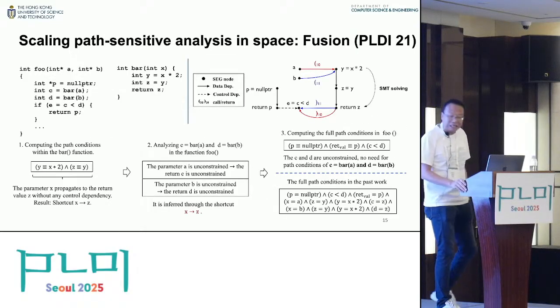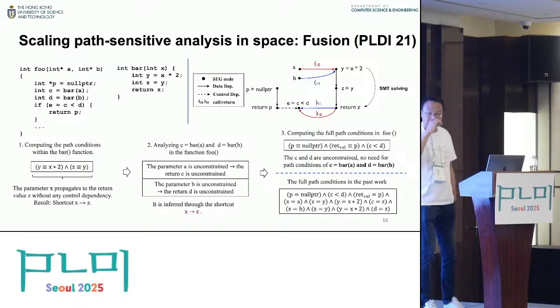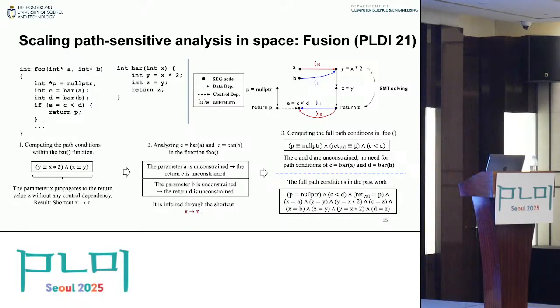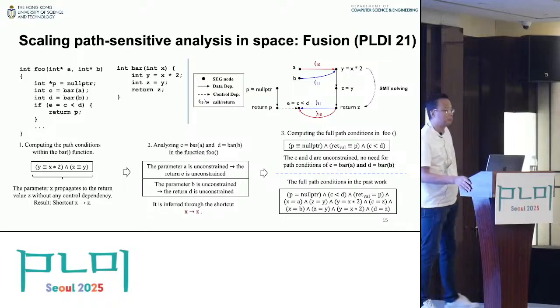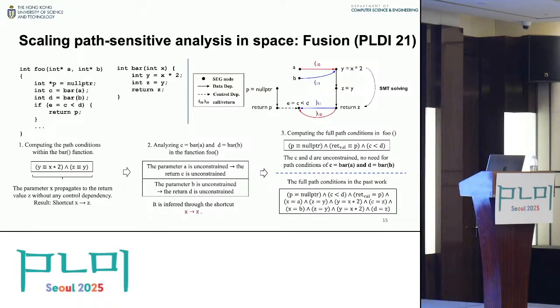Another observation we make is that once we know the program structure, we can actually save a lot of effort in encoding path conditions. For example, when we're encoding the path condition for function foo, we have to consider how these variables flow inside function bar and come out, right? So usually we will encode everything with a big formula. A quick look into the function bar shows that the input and output have no other path conditions.